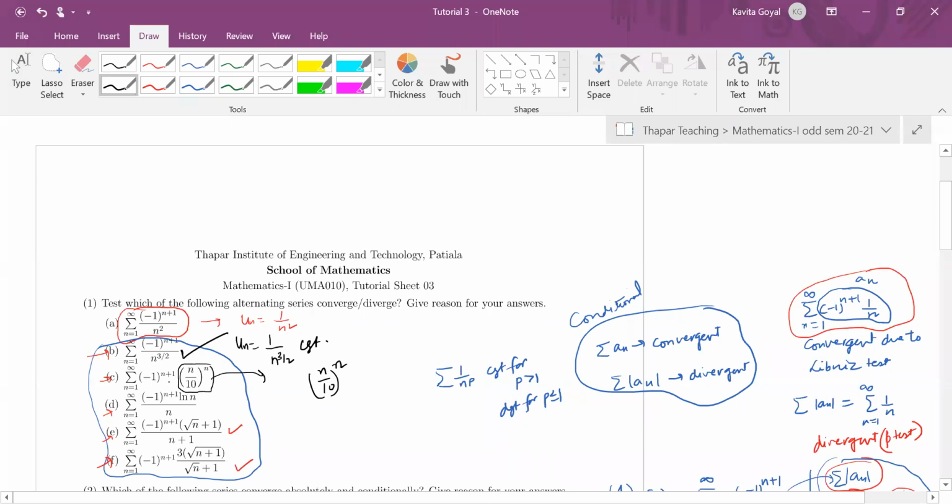No, you cannot apply the root test here. You have n by 10 raised to power n. This is your un. So which test will say it is divergent? Nth term test for divergence. How will you apply it? How will you find out the limit?